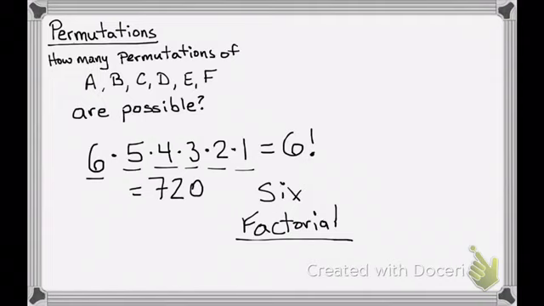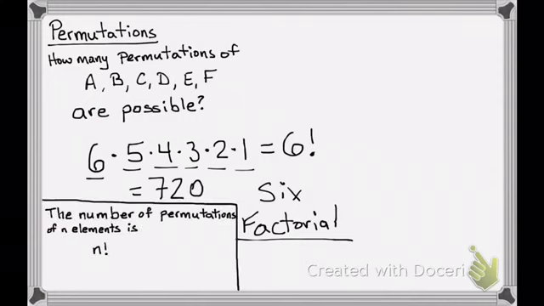This leads us to a theorem: the number of permutations of n elements is n factorial, which means n times n minus 1, times n minus 2, and so on, until it's times 2, and then times 1. That's how we get the number of permutations.